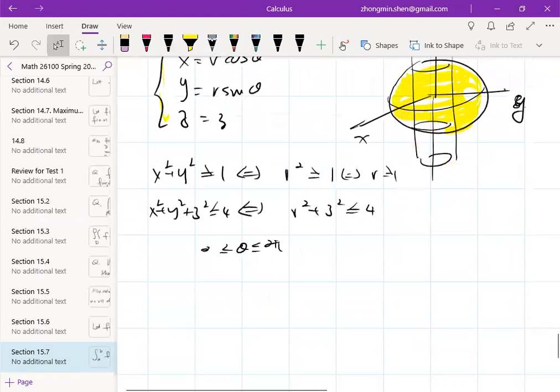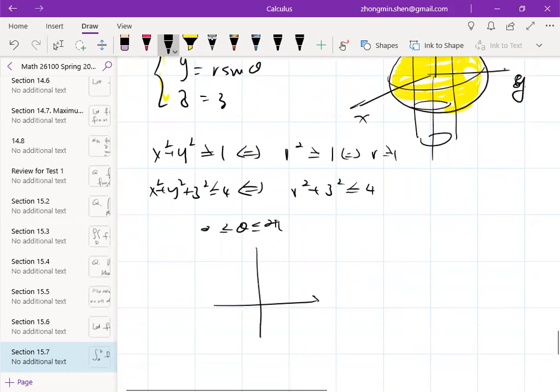Let's look at the picture just in the r and z plane. r squared plus z squared equals 4 is a circle with radius 2, and r is greater than or equal to 1.